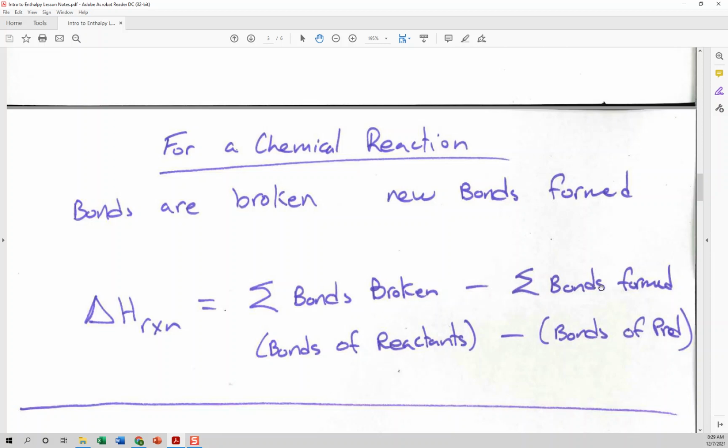And we have to flip the sign of that for the bonds of the products because energy is being released. So you could still do products minus reactants if you wanted to using bond energies, but you would have to make the bonds of the products negative numbers. Here, we're making it a negative number by just subtracting, okay?